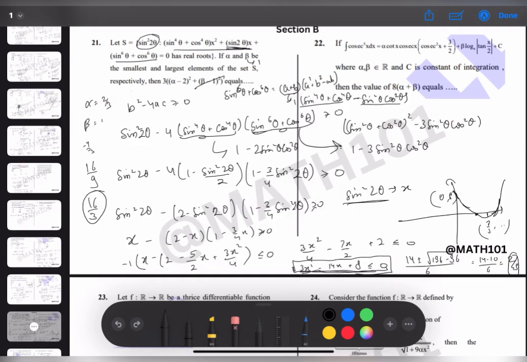Yeah, so we made a mistake here. This is not 2, this is 4. So this is not 2, this is 4. So this is x minus, we'll have a 4 here, minus x minus 3x, that is minus 4x.